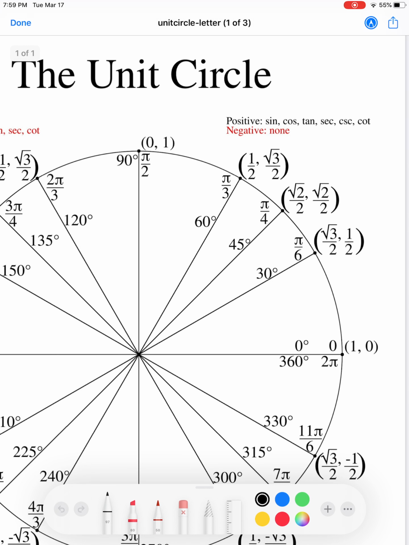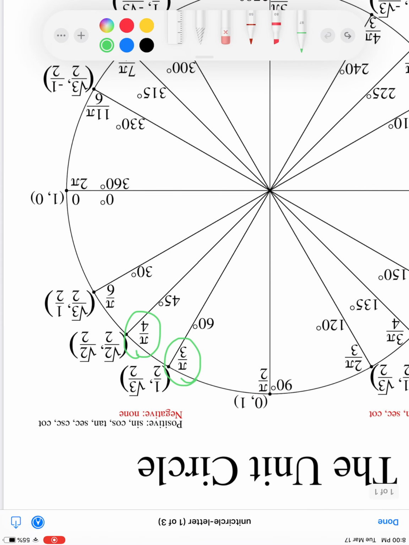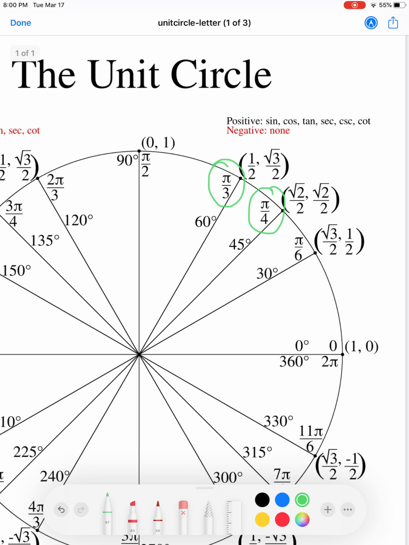I want you to think about these numbers here in the first quadrant that we have exact values for, because what we're going to be doing is rewriting other numbers, whether they be radians or degrees, with these that we actually know exact trig values for.